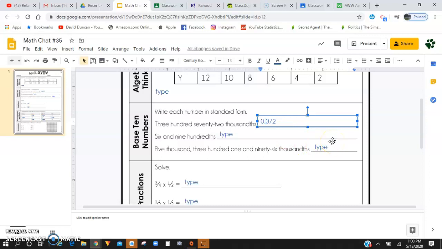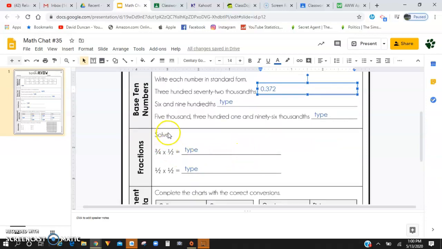You're going to do that for 6 and 9 hundredths, 5,301 and 96 thousandths. Quick tip, the word and means a decimal. So when you see and, you know there's going to be a decimal point put into the number value.